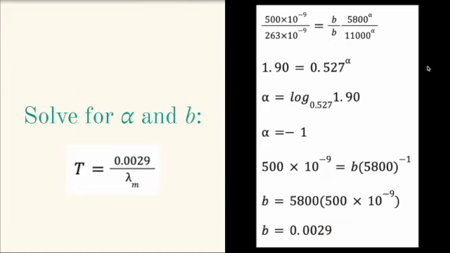Here we solve the system of equations for alpha and b, first dividing the two equations to eliminate b and solve for alpha, which we calculate as -1, then plugging -1 into one of the equations to solve for b, which we approximate at 0.0029. Thus, we have established Wien's law as temperature equals 0.0029 divided by the maximum wavelength.